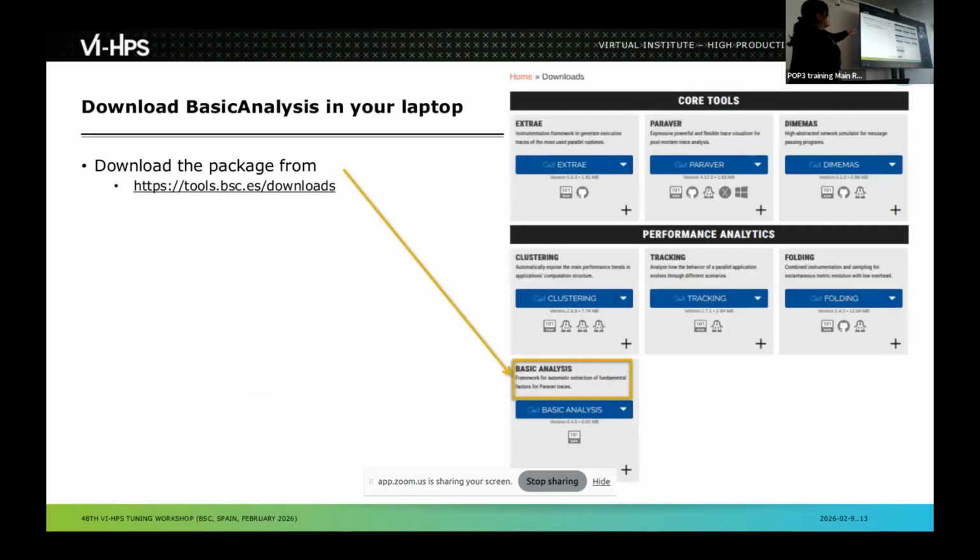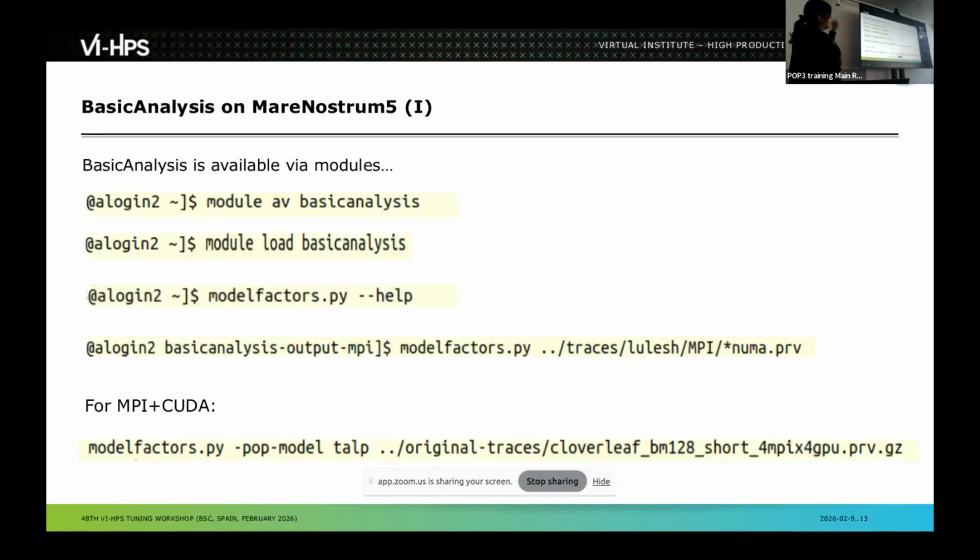You can obtain basic analysis from our web page, or in our case, we can also use it in MareNostrum 5. We provide basic analysis through the module system. You only need to check the availability and load basic analysis. When you load it, we load all the dependencies. So if you need to change something, you need to unload and load again the version that you want. To see the different parameters that we provide, we have a help option associated.